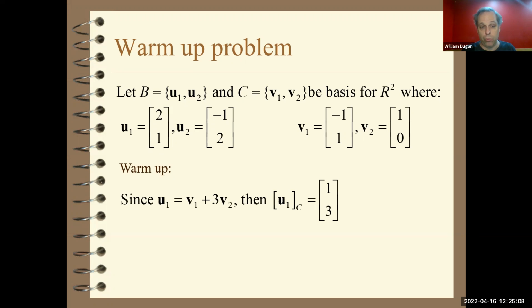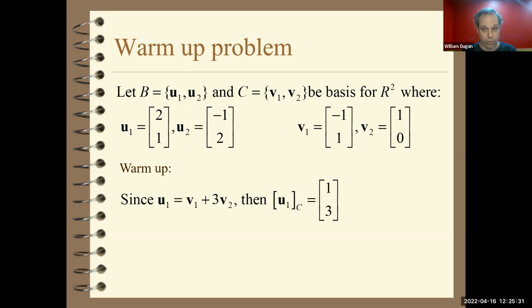Let's take the vector U1 because it's in R2. Notice it's a linear combination of the vectors in C. That linear combination uses the scalars 1 and 3. So the coordinates of U1 relative to C is the vector 1, 3.